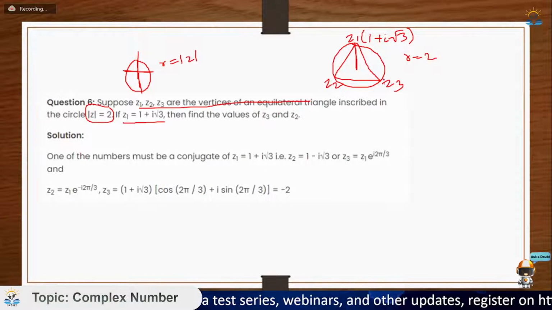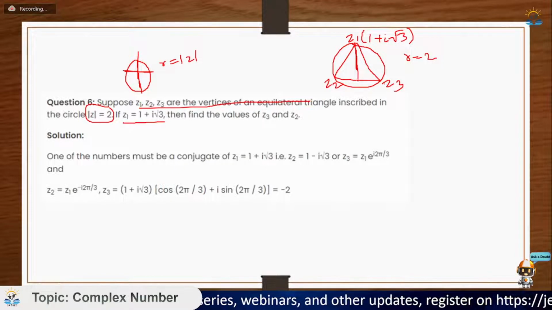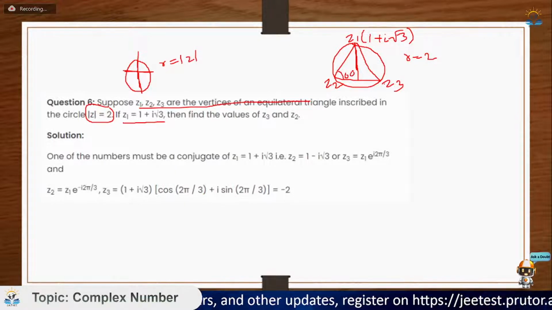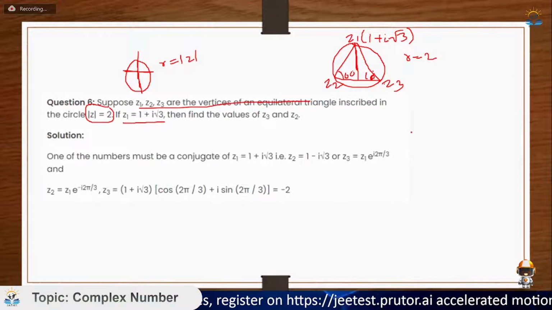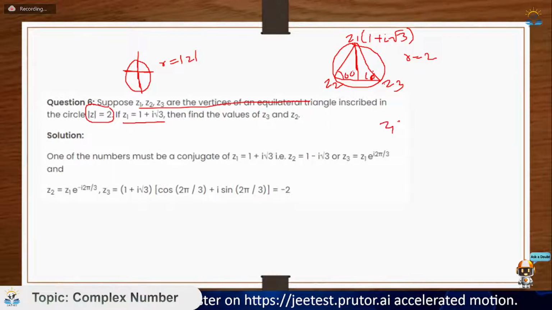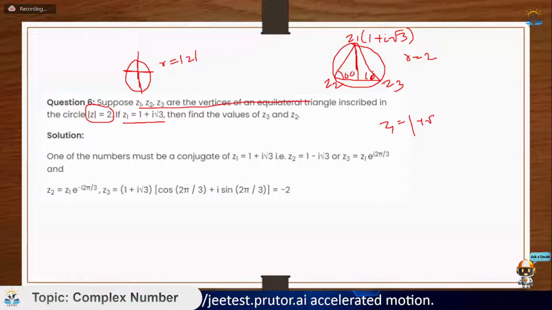But how to do this thing? The first thing given to me is that this is an equilateral triangle. So this angle is 60 degrees, and this angle is also 60 degrees. And z1 is equal to 1 plus root 3 iota.